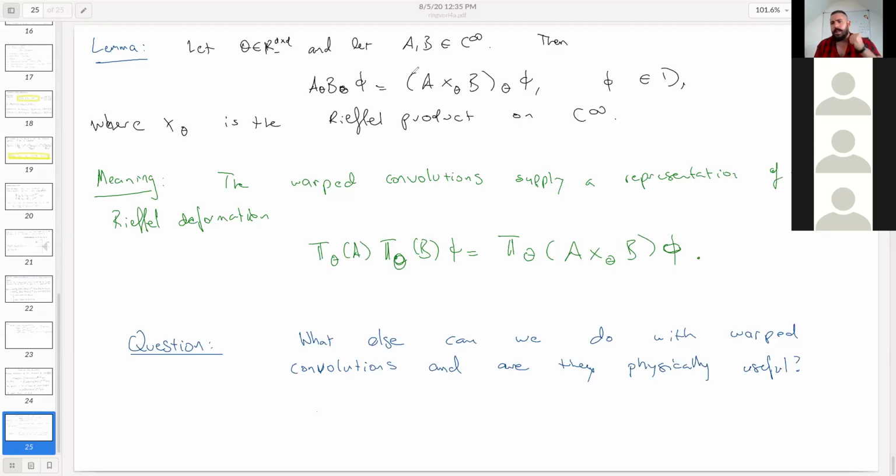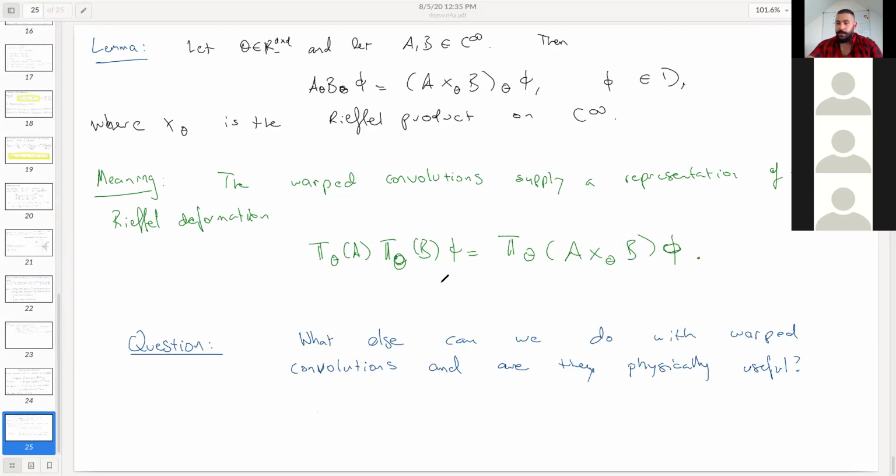So let's say I start with a self-adjoint operator, a random self-adjoint operator, and I do a deformation via these warp convolutions of this operator. When is it well defined? And what came out is that if basically this U of theta x A U of theta minus theta x, so the adjoint action with respect to this unitary operator, is bounded in a sense, you have a well-defined oscillatory integral.